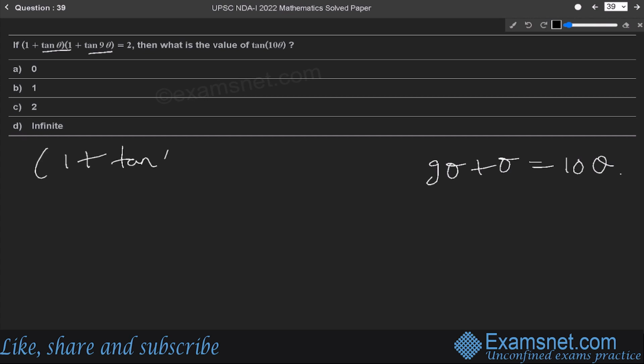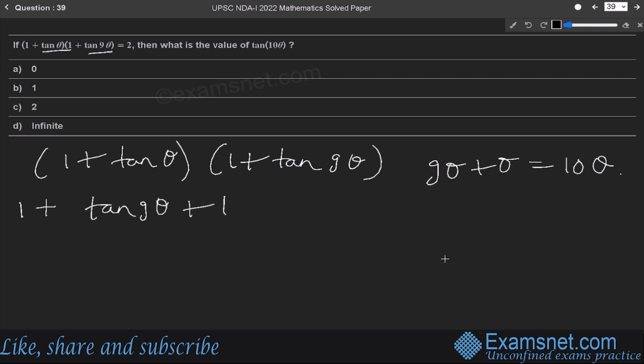(1 + tan θ)(1 + tan 9θ). Now multiplying it, we get 1 + tan 9θ + tan θ + tan θ tan 9θ = 2. Here there was equal to 2 in the question. We have just simply multiplied both brackets.